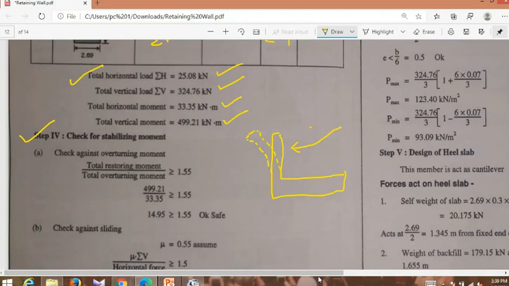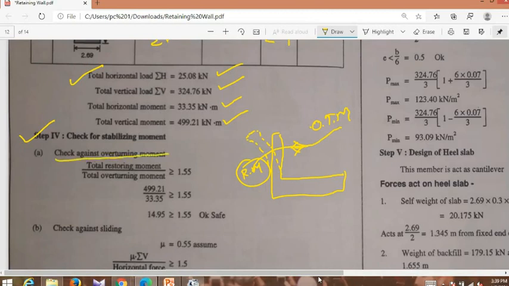So to counteract this, we should develop such a retaining wall that will counteract the coming moment. Therefore, the overturning moment should be less. This is the overturning moment, and this one will be the resisting moment. Resisting moment means which is resisted by the retaining wall. Overturning moment is which is produced by the backfill.